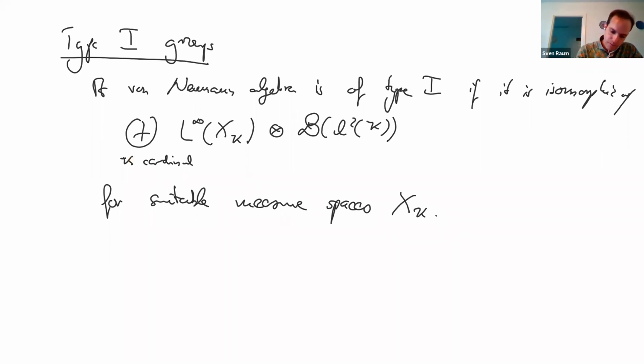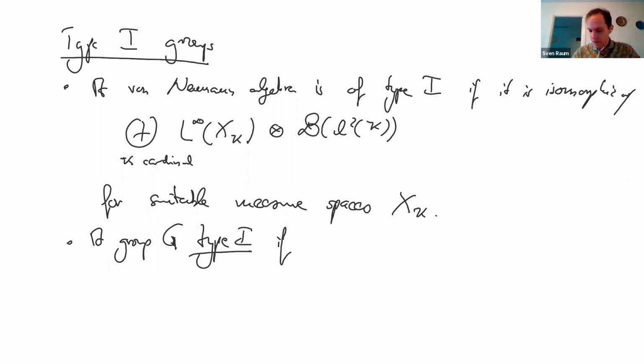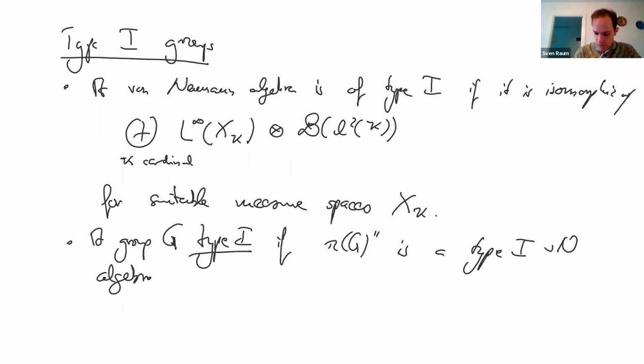And then we call a group G type 1 if pi of G is a type 1 von Neumann algebra for all unitary representations pi.